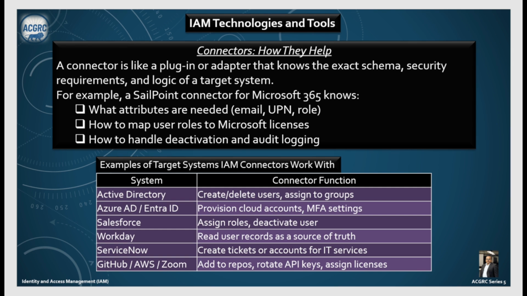Examples of target systems: IAM connectors work with Active Directory for creating, deleting users or assigning them to groups. That's a connector function. For Azure, it provisions cloud accounts and MFA settings. For Salesforce, it assigns roles and deactivates users. For Workday, it reads the user record as the source of truth, and so on. So the connector is like a plug-in adapter that understands the schema and security requirements of the target systems.